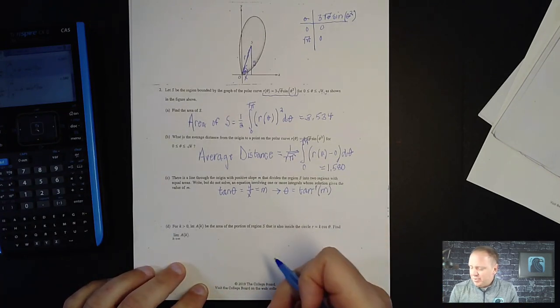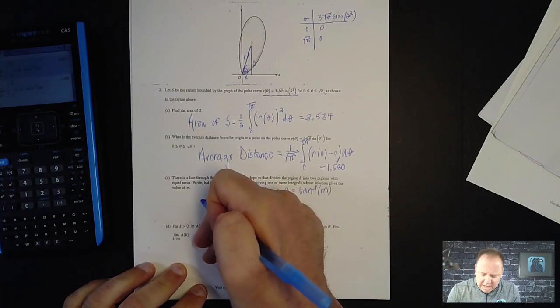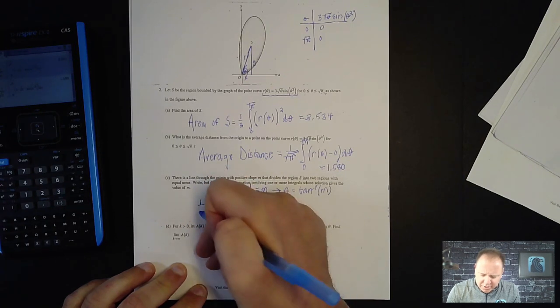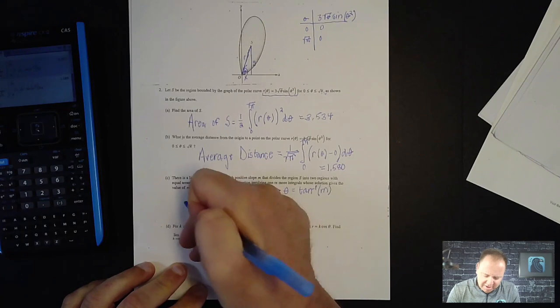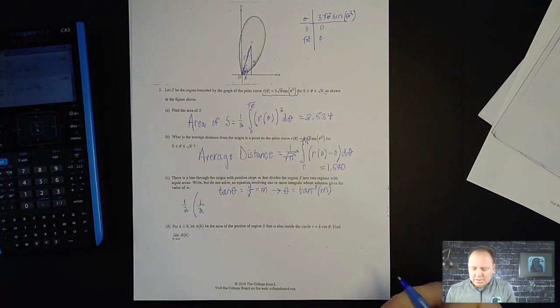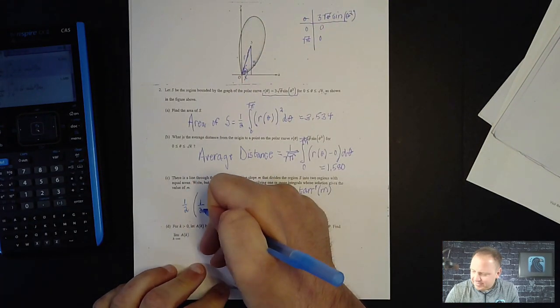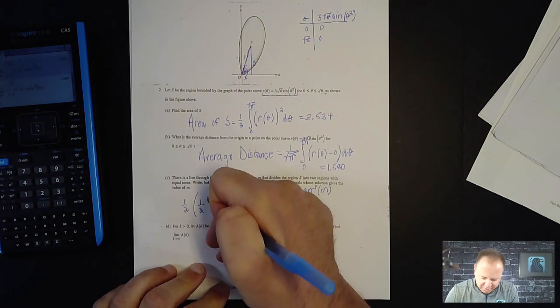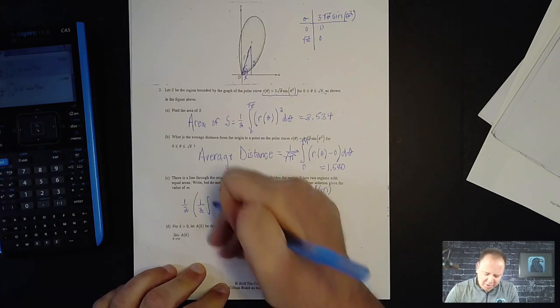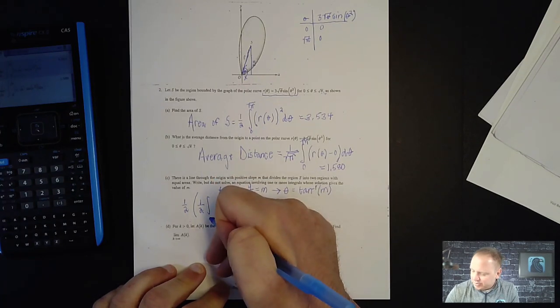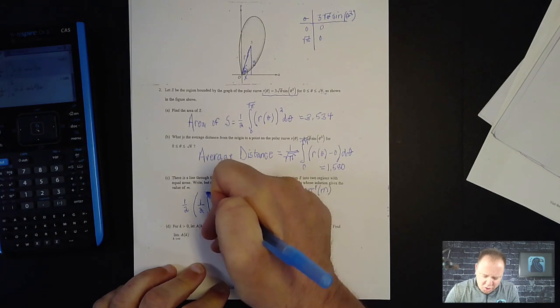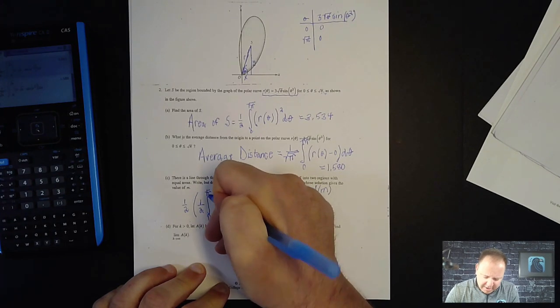So the first thing I would need is the area, or half of the area of the entire closed S. So I would take half of half, remember it's half integral from alpha to beta of the radius squared, which would go from 0 to root pi.